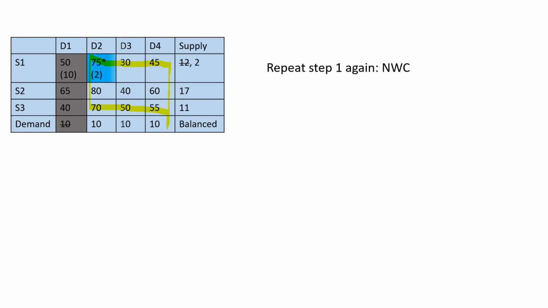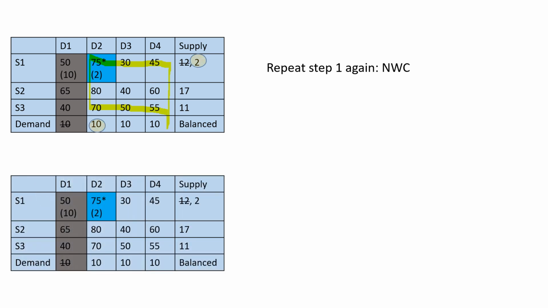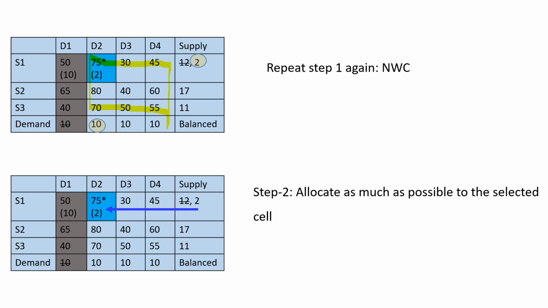Correspondingly, we have 2 here and 10 here. 2 is smaller, so we assign 2 here. Then we adjust the supply and demand.